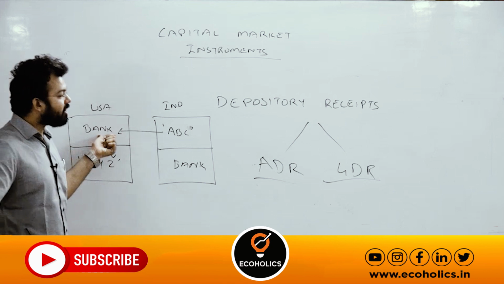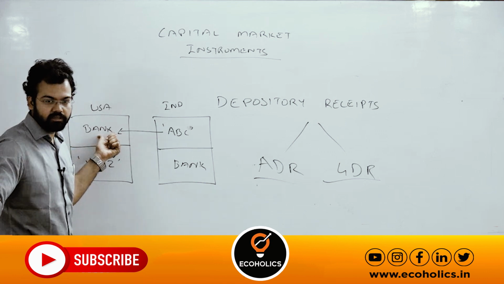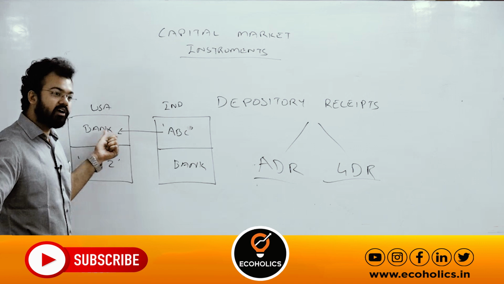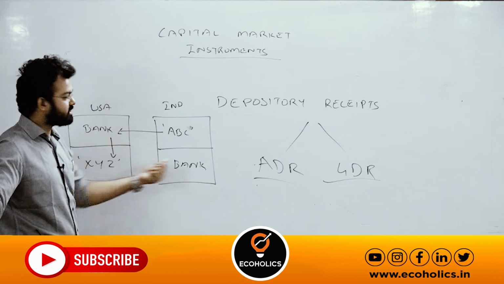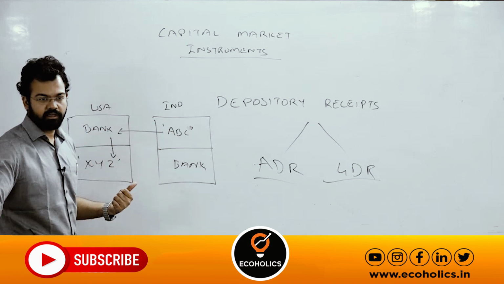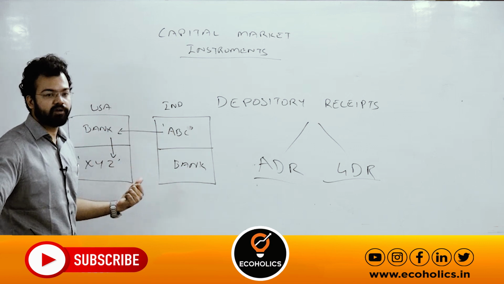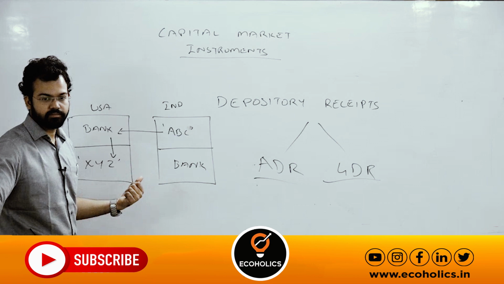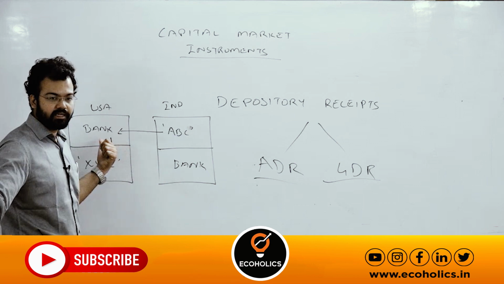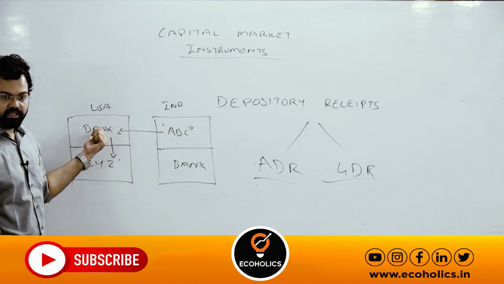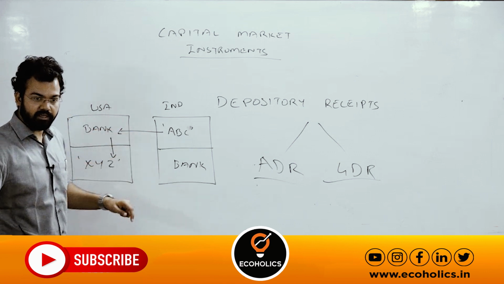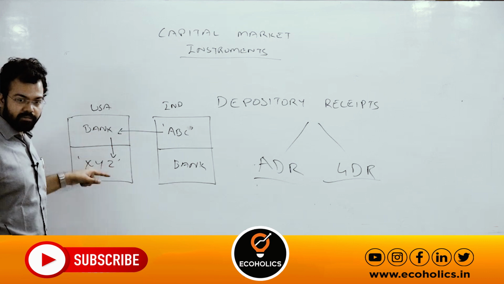So the benefit of ADR or GDR is that funds will remain in the domestic territory of the country. There will be no outflow or inflow of funds. So funds will remain in the territory of USA, because this bank is selling shares of ABC company in the American market.